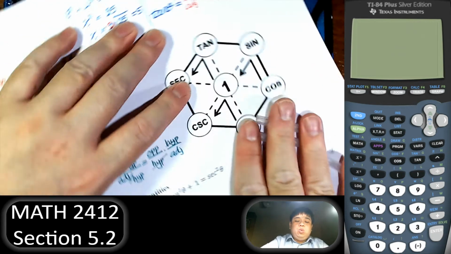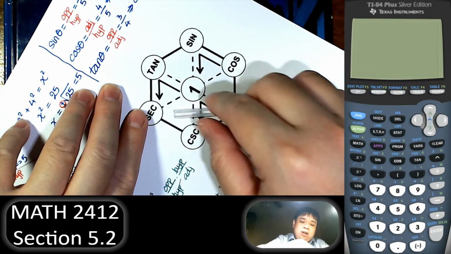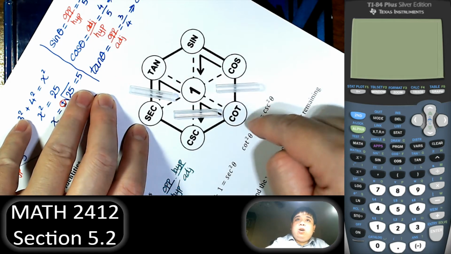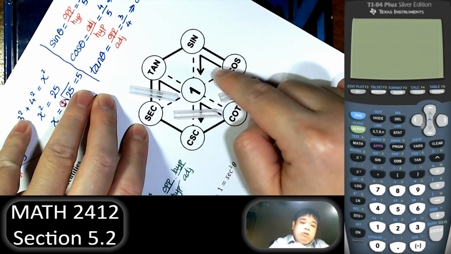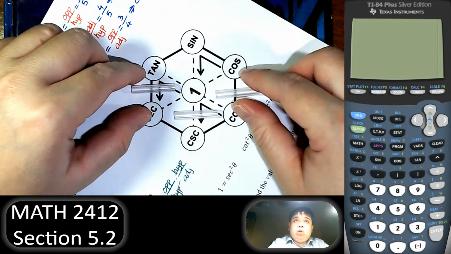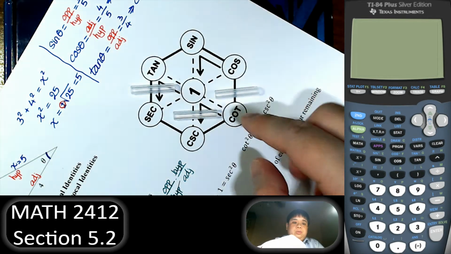Now we can switch any function to the top. For example, if we have sine on the top, that will be equivalent to 3 ratios here: cosine over cotangent, 1 over cosecant, and tangent over secant. So whatever function is on the top, we have 3 ratios.